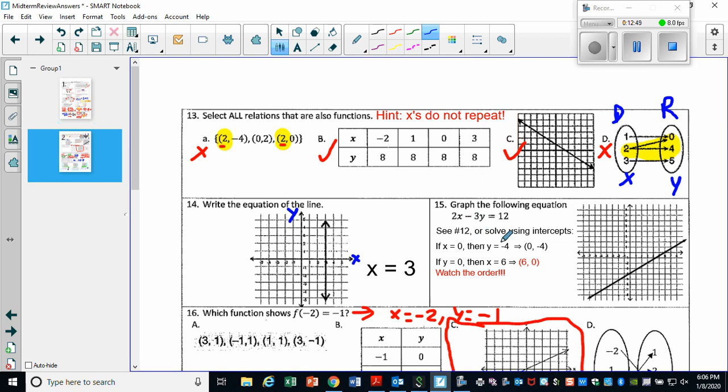The other way you can do it, use your intercepts. Solve for your intercepts. So if x is 0, y has to be -4. So there's one of your intercepts right here. Then if y is 0, then x has to equal +6.